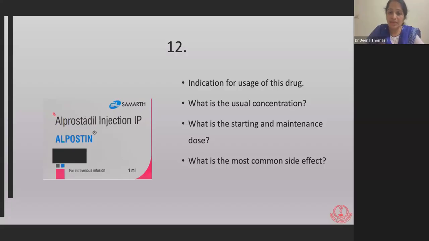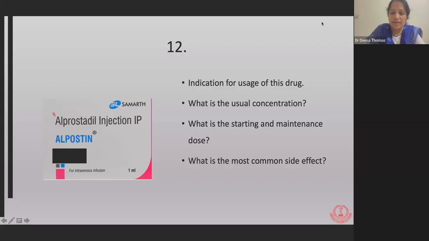If you are transporting a baby with duct-dependent pulmonary circulation or systemic circulation from your unit to any other cardiac unit, and the baby is on PGE1, you should send a resident with the baby who is capable of intubating, because there is a chance that the baby may have apnea during transportation. Somebody has also written flushing. Actually there is also hyperthermia and bradycardia. These are known side effects of PGE1 infusion.